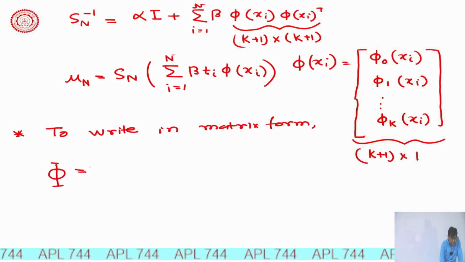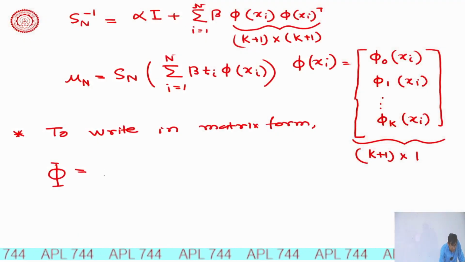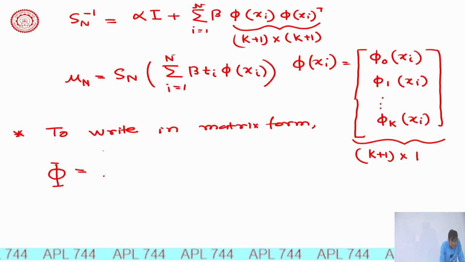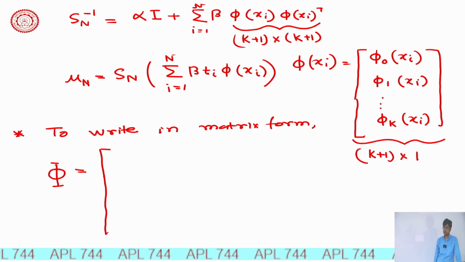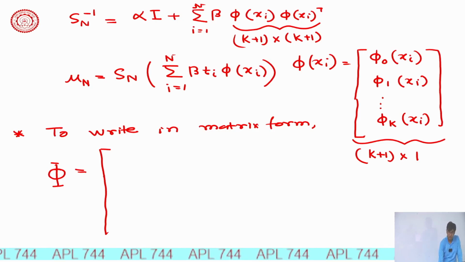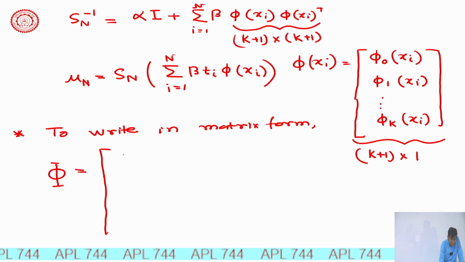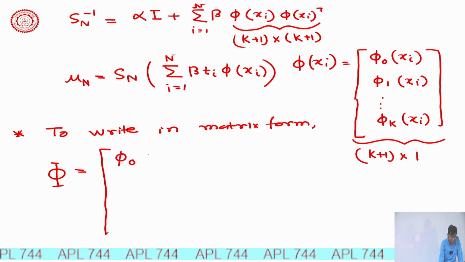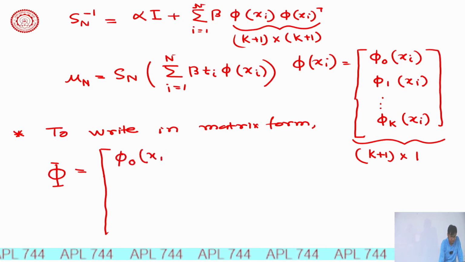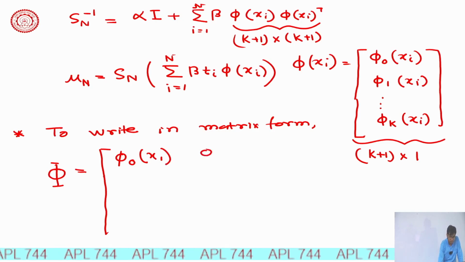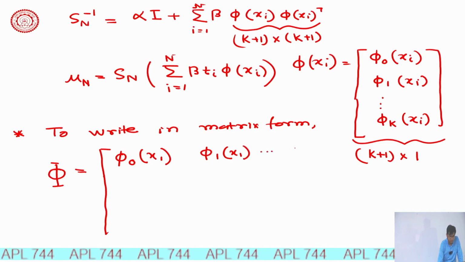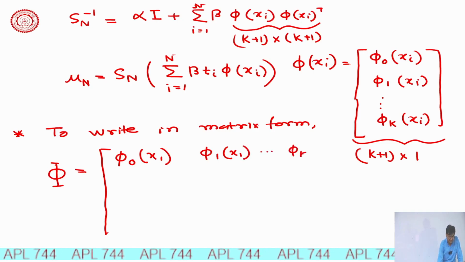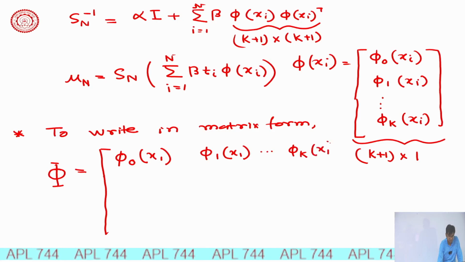So, then can you tell me what will be the first row like? What will be the first row? Phi 0 x 1, second one phi 1 x 1, and it will go up to phi k x 1, okay.